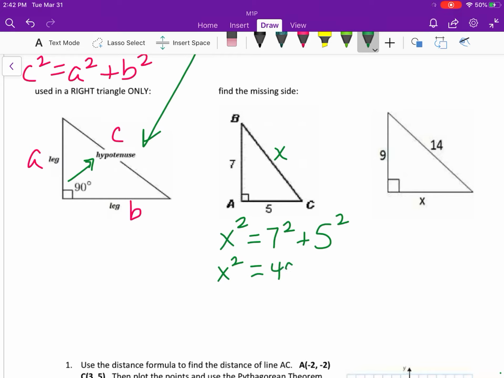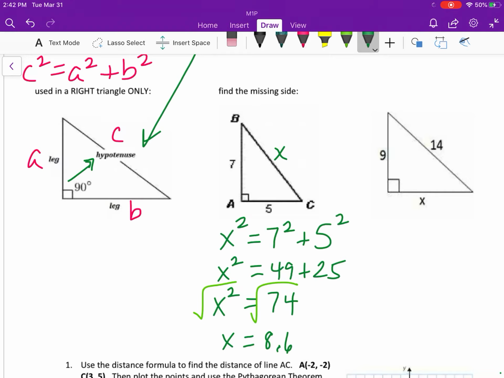Continue writing this, you get 49 plus 25, x squared equals 74. And now when you see a root, a squared, you always root it. And in this case, then, x will be, we don't want plus or minus because a negative can't be a side. The root of 74, give me a second, I'm doing it on the calculator, is 8.6.